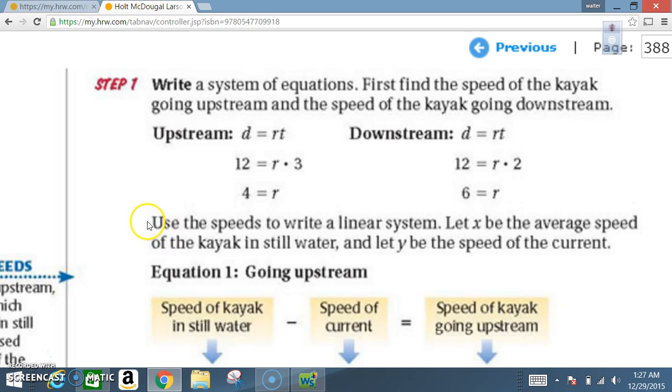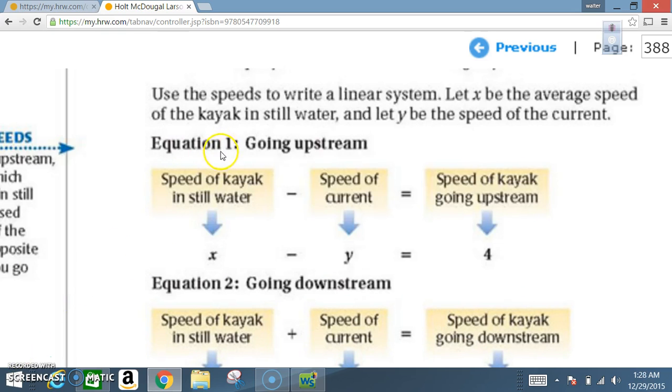Use the speeds to write a linear system. Let x be the average speed of the kayak in still water, and let y be the speed of the current. Equation 1, going upstream. The speed of the kayak in still water, x. The speed of the current, y. The speed of a kayak going upstream, we determined that to be 4.